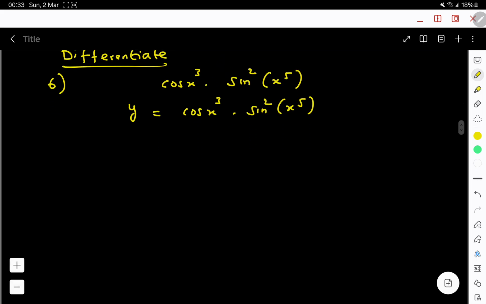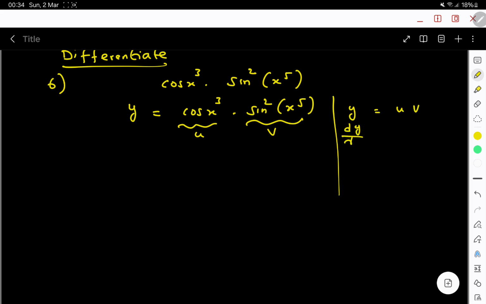Now differentiate this by product rule. Take this as u and this is v. Okay, we know product rule. y is equal to u into v. So dy by dx is equal to, write u first, differentiating v plus write v and then differentiating u. Okay, this is the product rule.